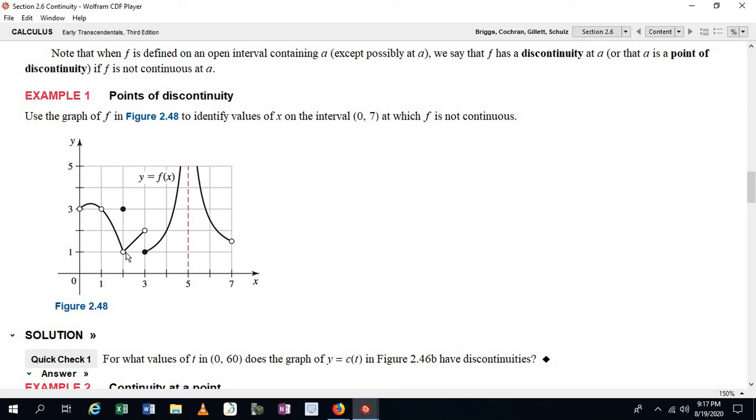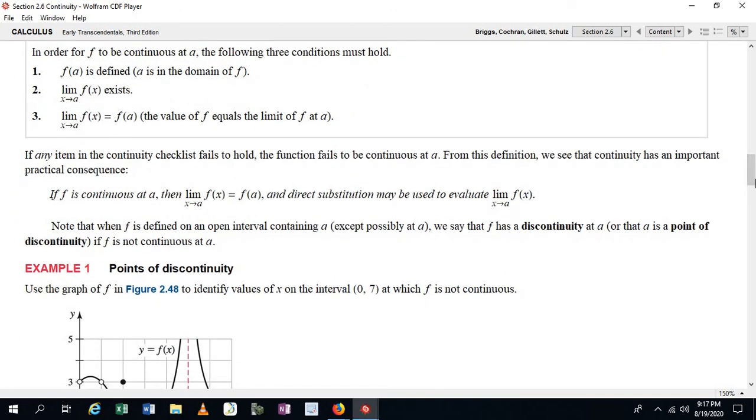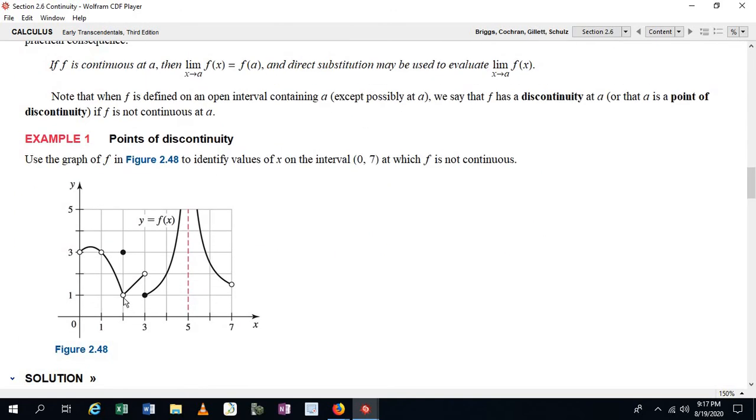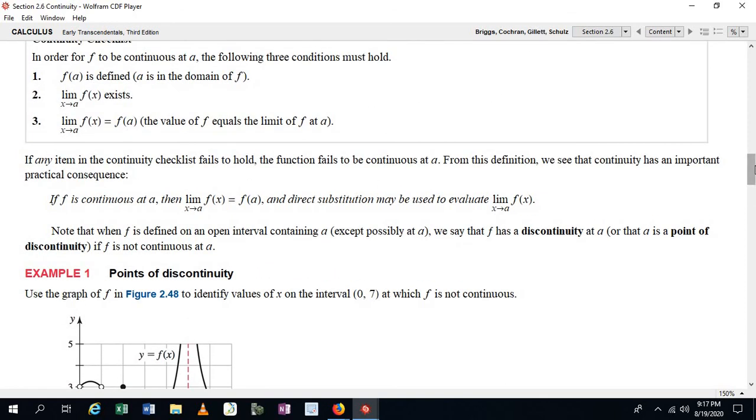And so the two-sided limit as x approaches 2 is 1 in this case. So that limit exists, so condition 2 is okay, but notice that they're not equal. The limit is 1, and f evaluated at 2 is 3. So the problem here is the third condition is not being satisfied.